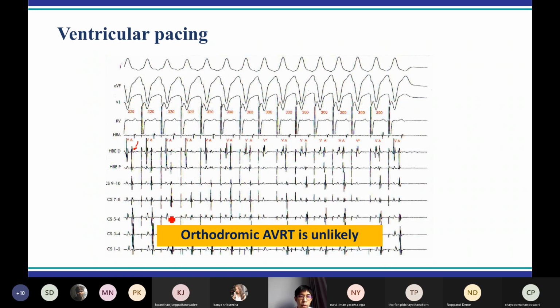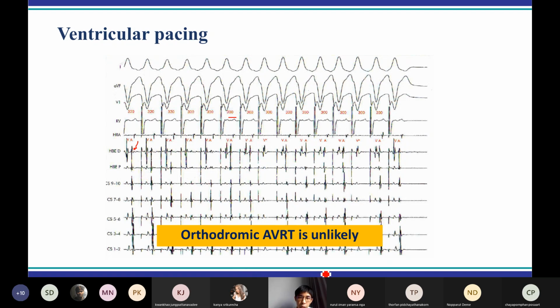Okay, and when you pace here, it is still a concentric retrograde atrial activation. And after that, you pace faster with a shorter cycle length. You want to make the AV node go into a refractory period. You are hoping to see that the retrograde atrial activation would shift from concentric to eccentric.